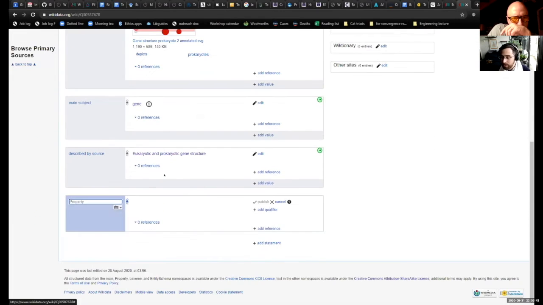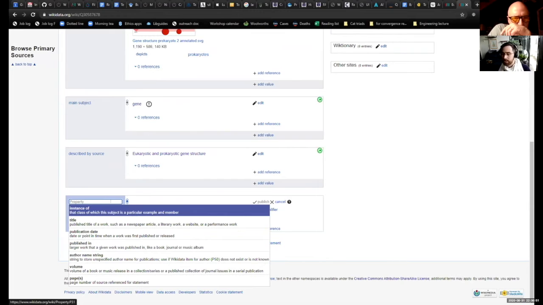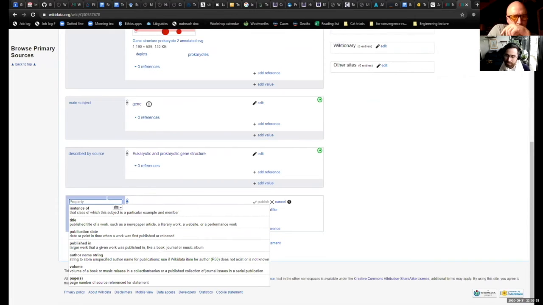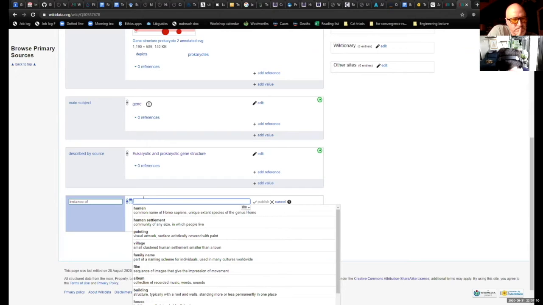I'm going to say that this is an instance. Well, what is it? Each item should ideally be an instance or a subclass. An instance means an example, and a subclass is kind of a general categorization. So what is the concept of gene structure? Well, I guess it's an instance of a categorization.